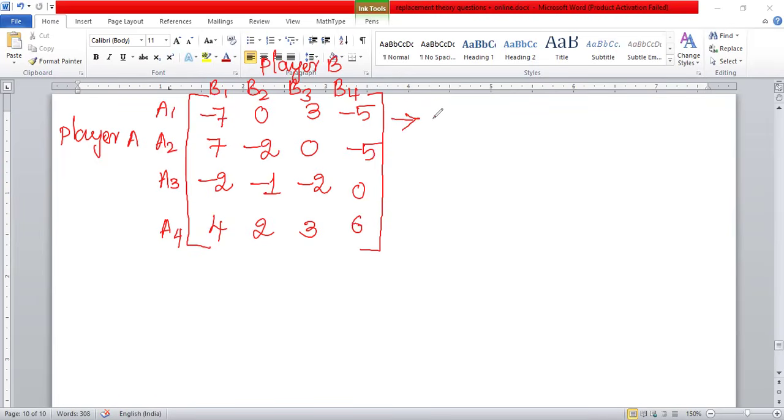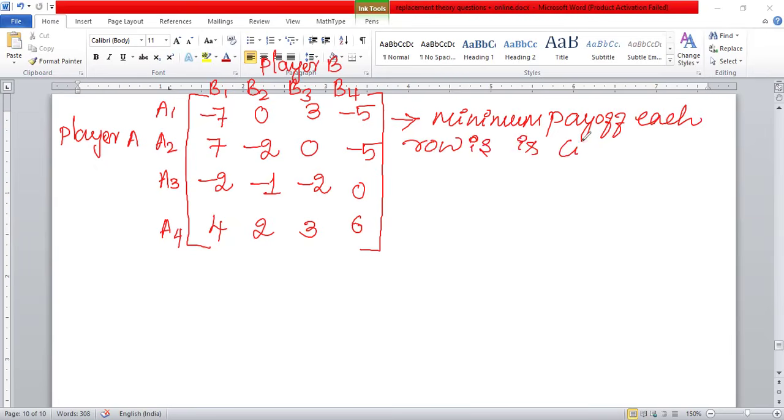Step number 1: minimum payoff of each row is circled. How many rows are there? 4 rows, 4 columns.